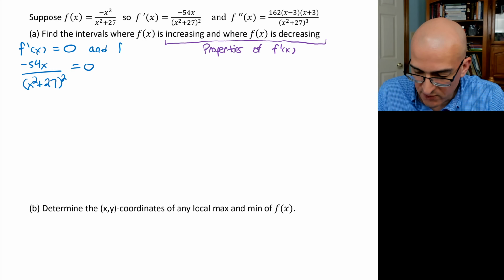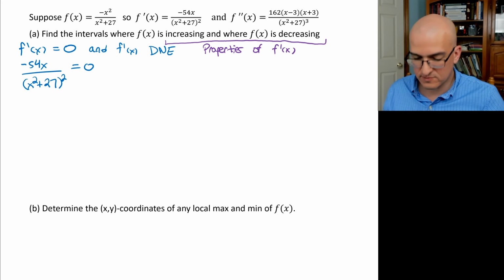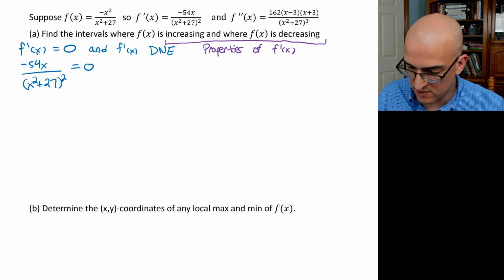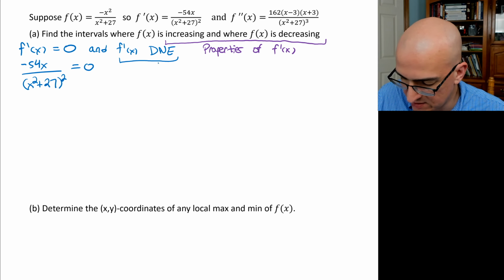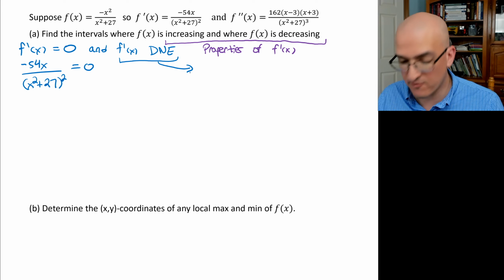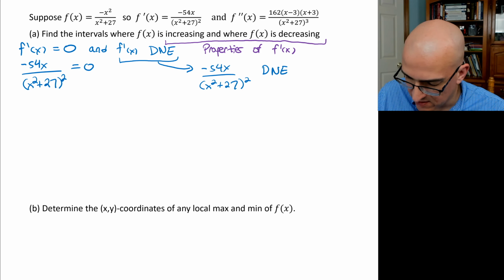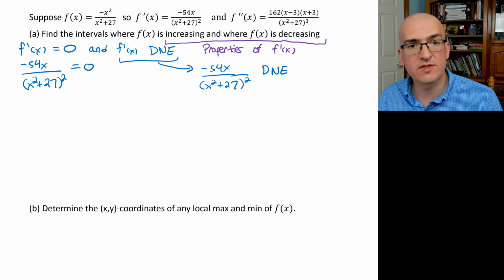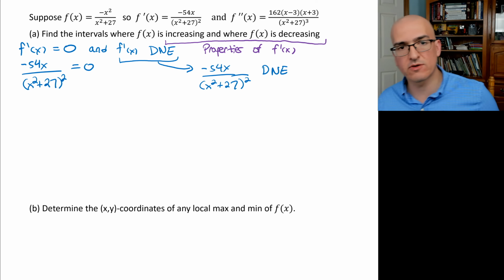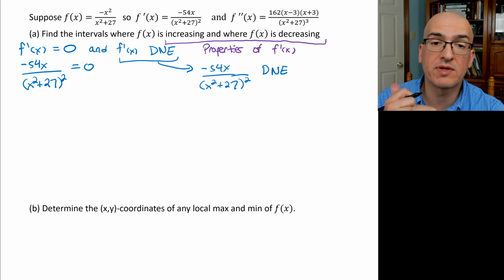We also need to check, where does the first derivative not exist? So the second place where critical numbers can come from would mean negative 54x over (x squared plus 27) all squared does not exist. And that's never going to happen. This derivative always exists because in the denominator, look what we have: x squared plus 27. X squared has to be positive.